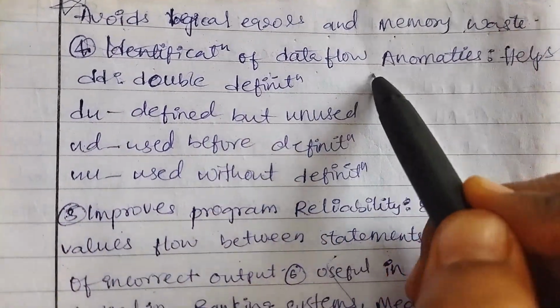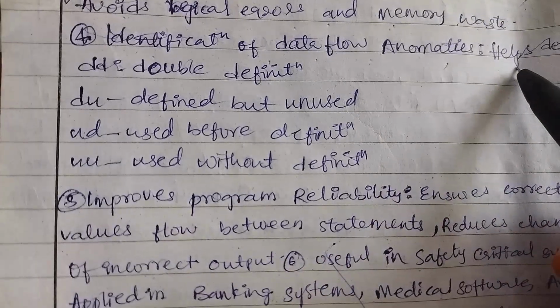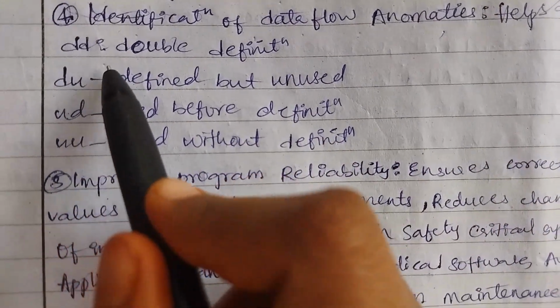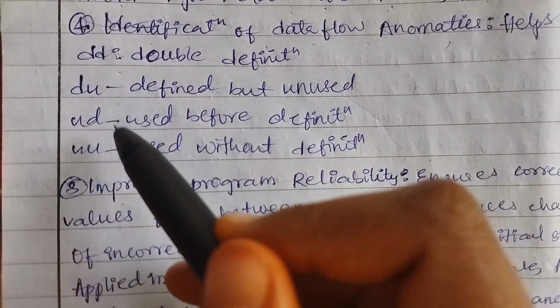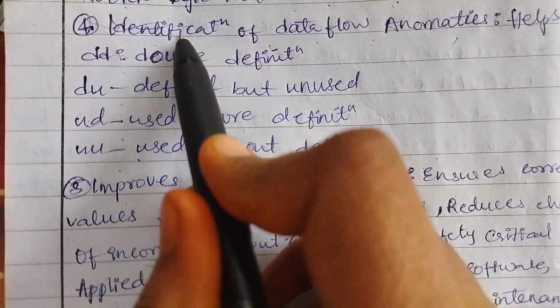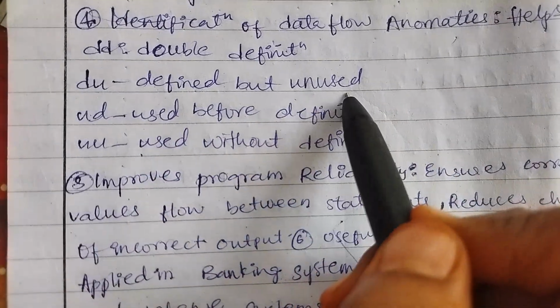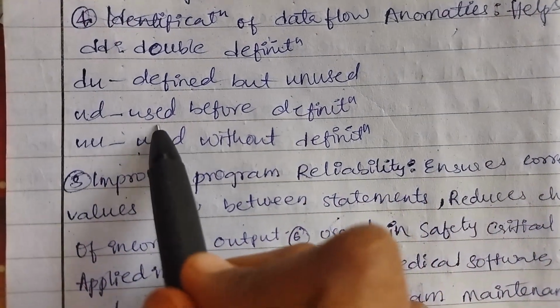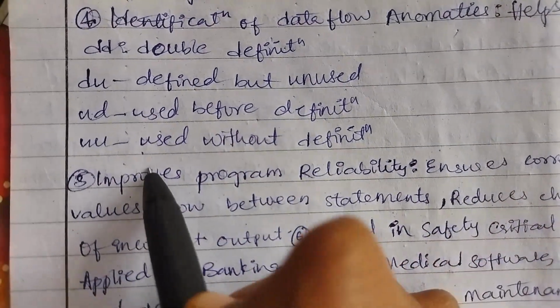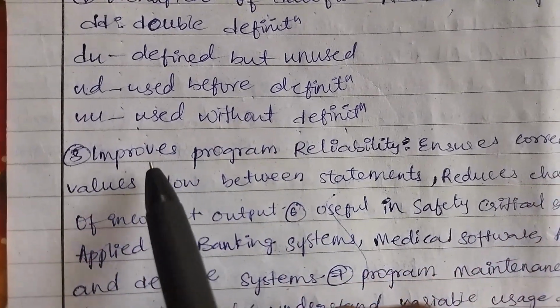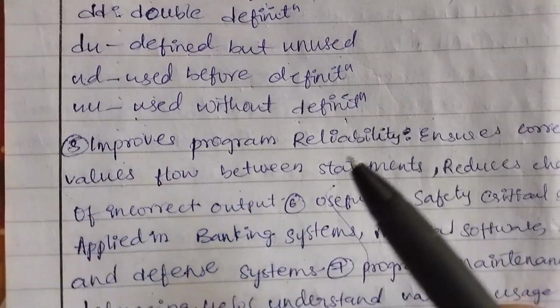Identification of data flow anomalies helps detect them by these terms: DD, DU, UD, UU. DD is double definition, DU is defined but unused, UD is used before definition, UU is used without definition. These are the terms used for identification.